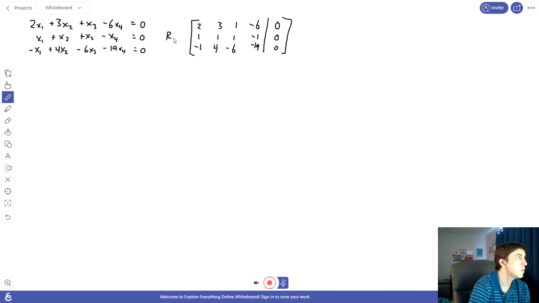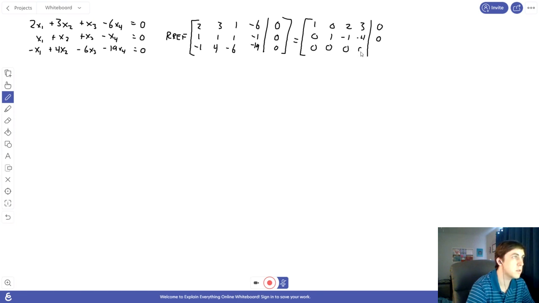The first thing we'll do is compute the reduced row echelon form, which will give us a simpler system to deal with. I've gone ahead and typed this into Wolfram Alpha, and we produce 1, 0, 2, 3, 0. 0, 1, -1, -4, 0, and the bottom row is all zeros.